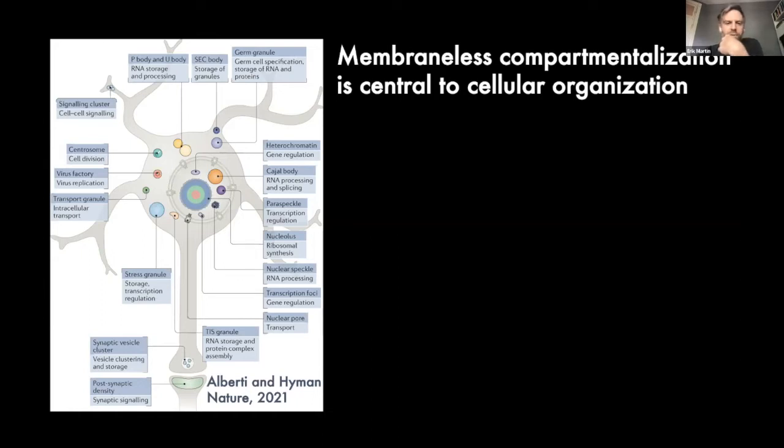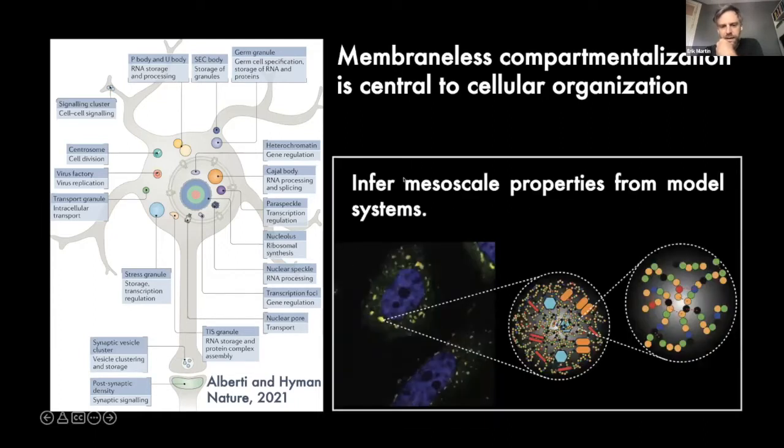So our work was really focused on how we can understand the physics of this assembly from looking at minimal systems. The overriding principle of the work at BioCAT was asking the question of whether we can infer mesoscale properties by looking at model systems. I've displayed this here in a cartoon sense, looking at a single punctate structure, which in this case is a stress granule.